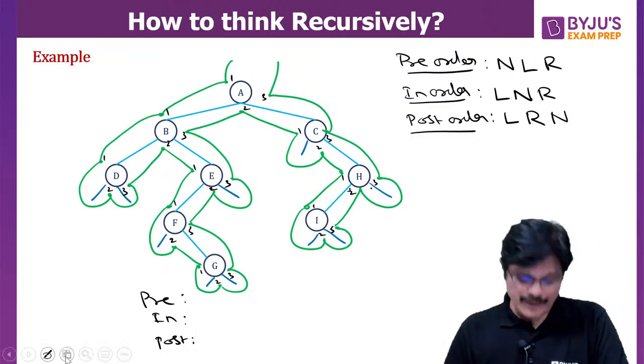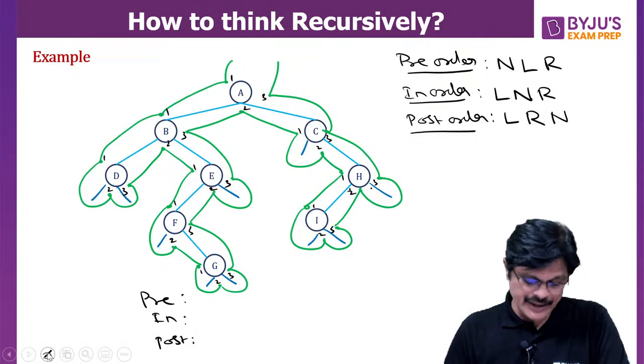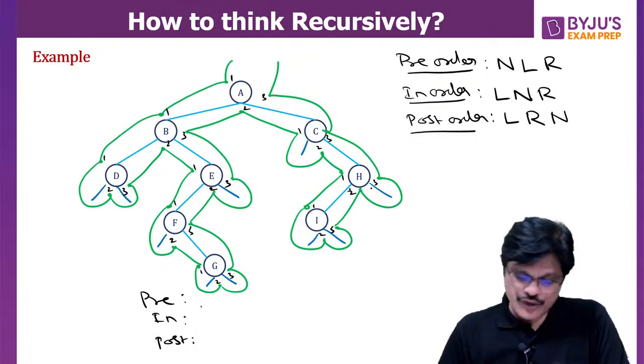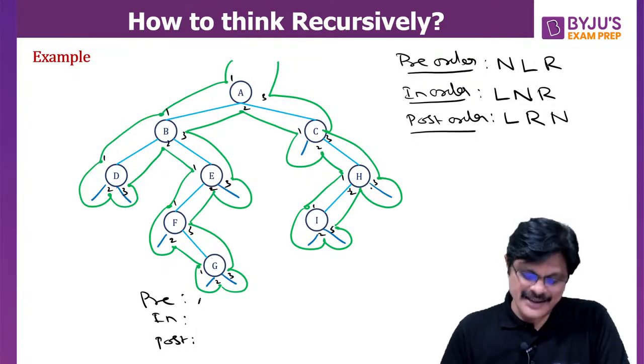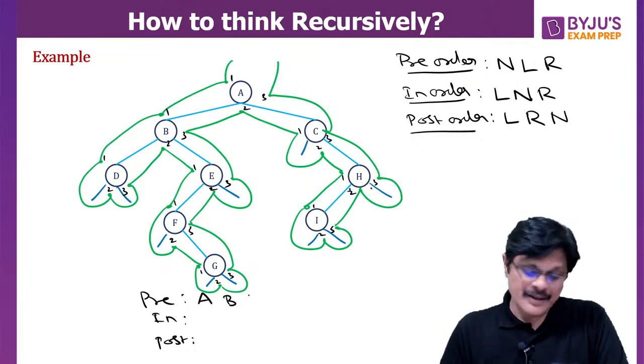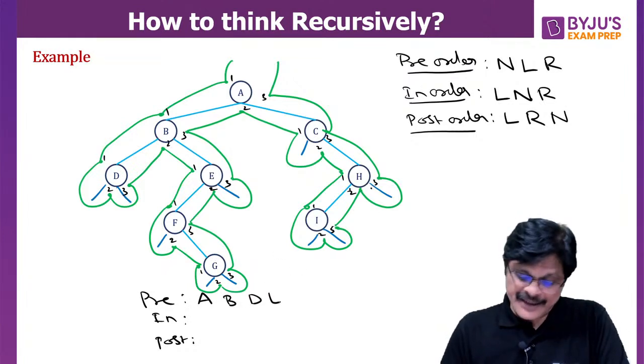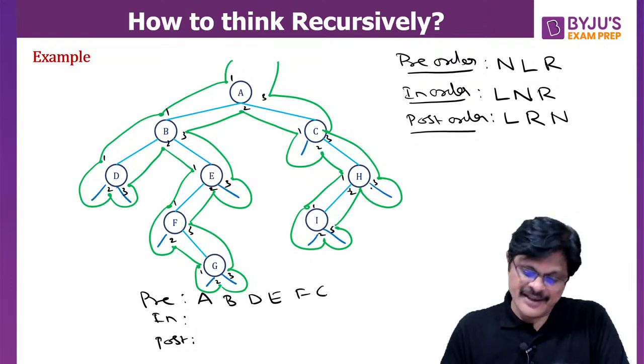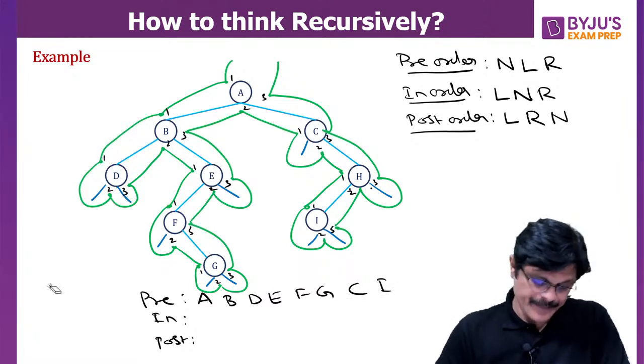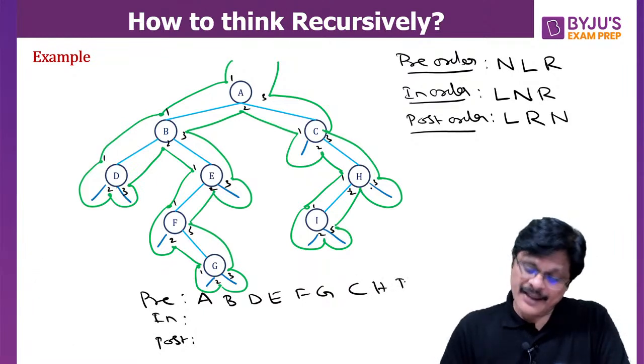You can print all 1s, 2s and 3s, my dear friends, to get the pre-order, in order and post order. Pre-order means 1s, that is A, then B, then D, then E, then F, then G, then C, then H is missing now, and then I. That is pre-order.